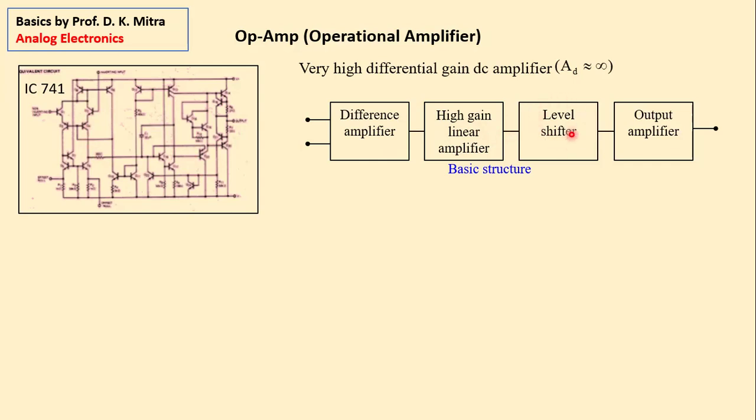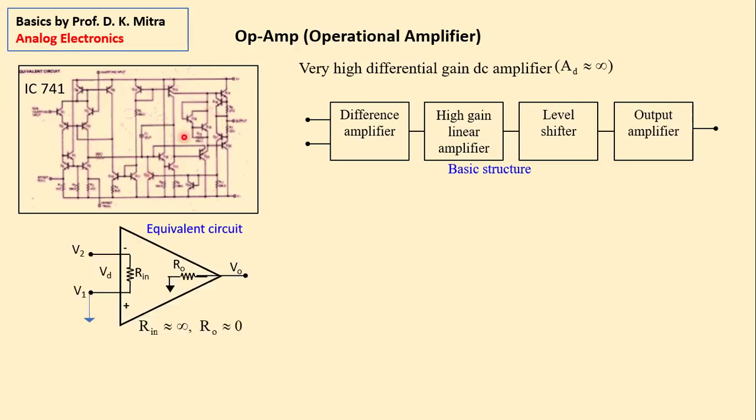And there is a level shifter which shifts that level by minus 1.2, so that it becomes 0 once again. And then there is an output amplifier which produces sufficient current so that it can drive the external circuits. So these are the 4 basic stages of this operational amplifier. You just need to remember these 4 stages. Forget about what is there inside.